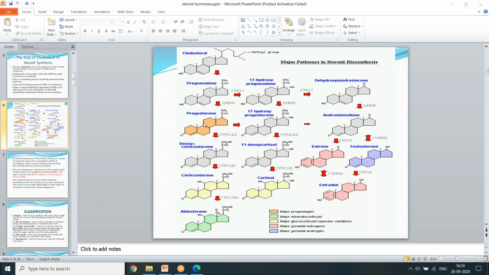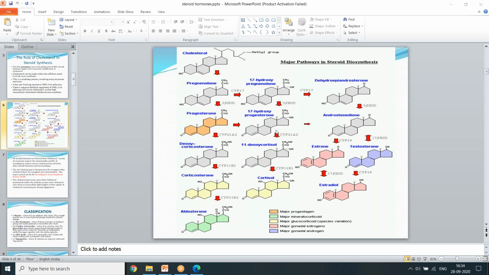Okay, then progesterone, some part will go for formation of androstenedione. The remaining part will further move on to form the glucocorticoids and the mineralocorticoids. So from progesterone, you will get deoxycorticosterone.